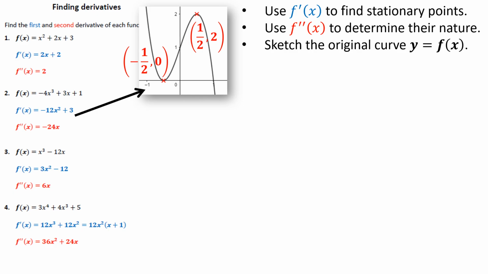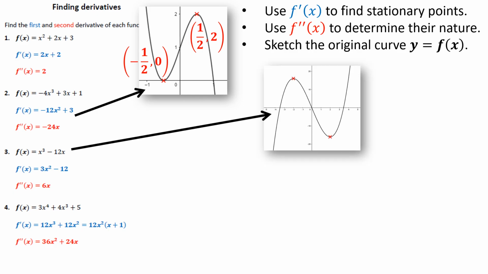So any stationary points that occur for negative values of x will be minimums because the second derivative is positive, and any stationary points that occur for positive values of x will be maximums because the second derivative is negative. Here's the next one.